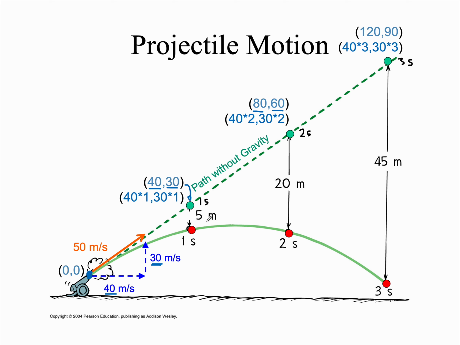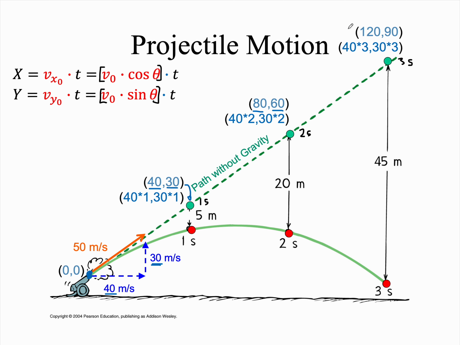Well, these numbers come from the equation we talked about before. So anyway, so far what we've done is just simply taken the initial horizontal velocity times time and the initial vertical velocity times time, and that gave us these coordinates that we're talking about here.